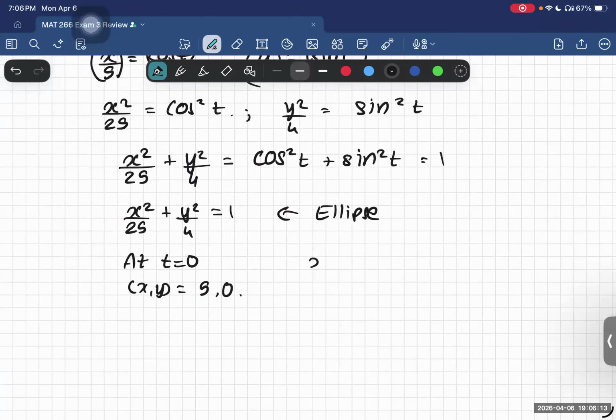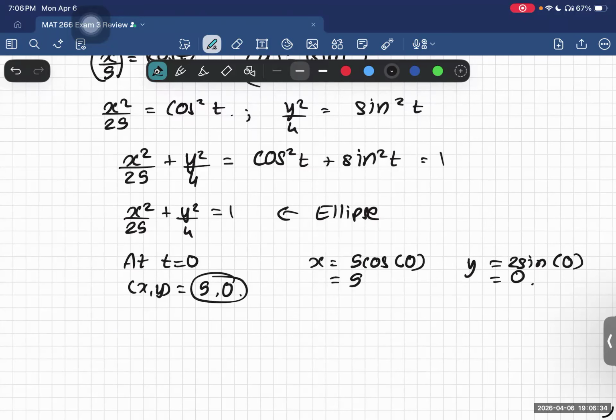This is like saying that x is equal to 5 cosine 0 gives me 5, and y is equal to 2 sine of 0. This gives me 0, right? So from here we get our answer.